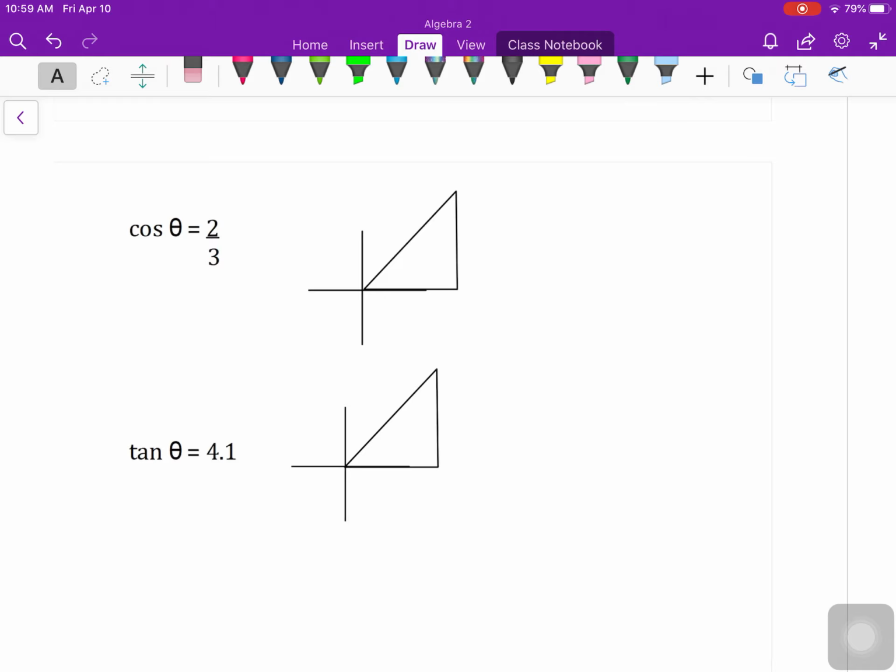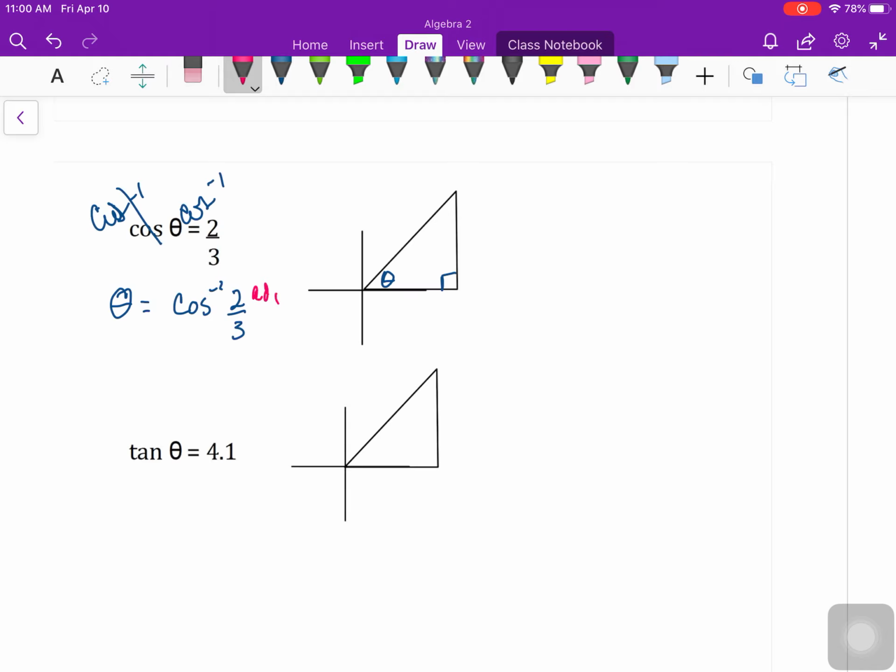This time it says cosine theta equals 2/3. So if I put my theta and my right angle, cosine theta equals 2/3. To solve this, I have to do cosine inverse on both sides. So theta equals cosine inverse of 2/3.